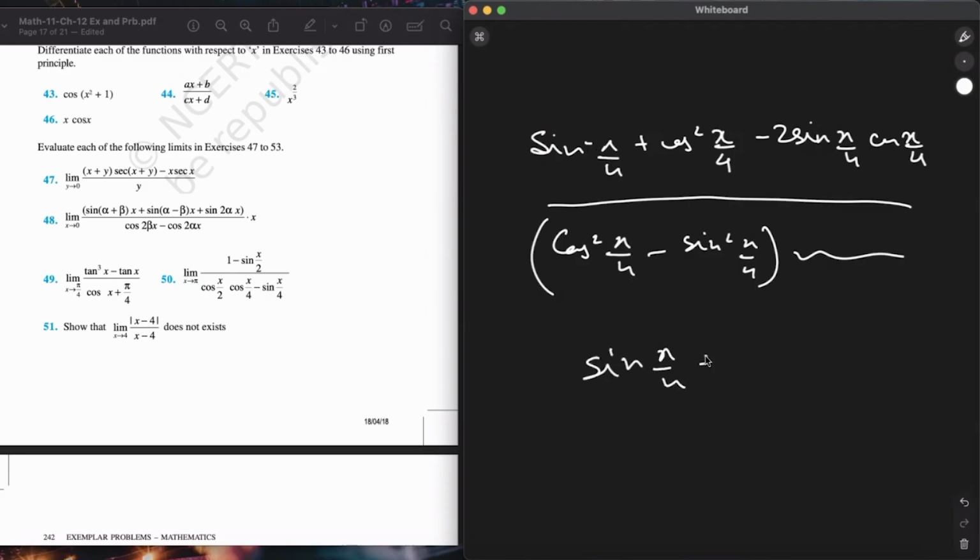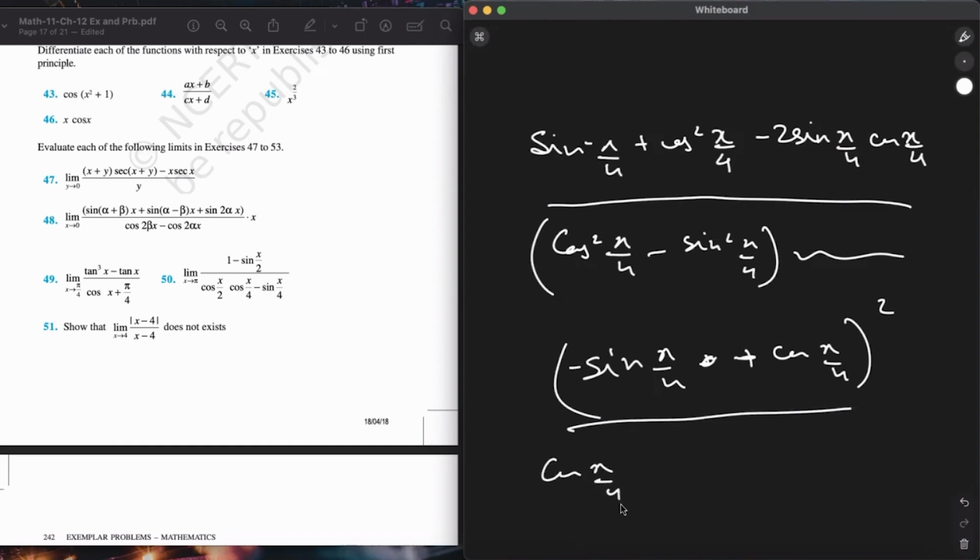Sin x by 4 minus cos x by 4 whole square. Or you can just turn it the other way around, plus and minus. And in denominator, what am I going to have? I'll be having cos x by 4 minus sin x by 4 multiplied with cos x by 4 plus sin x by 4, and further.